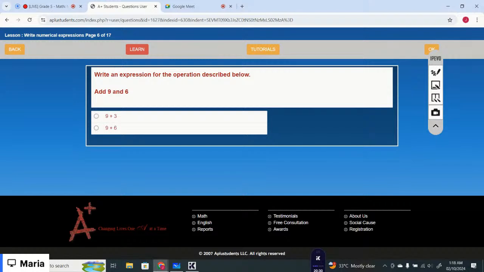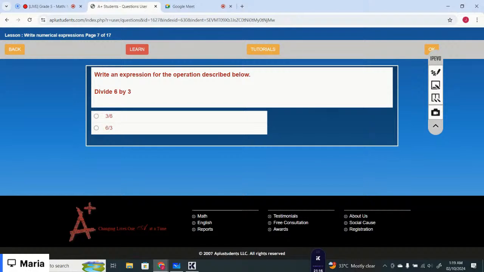Add 9 and 6, which is the correct option? Yes, the second one is the correct option.